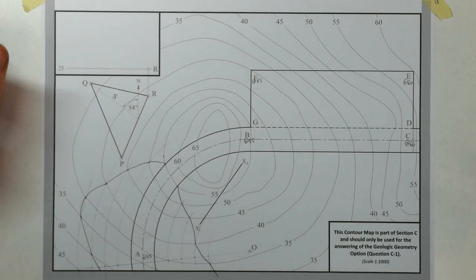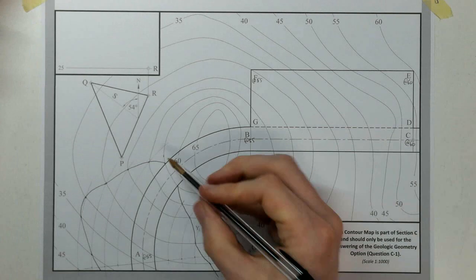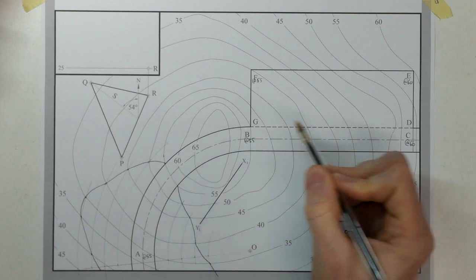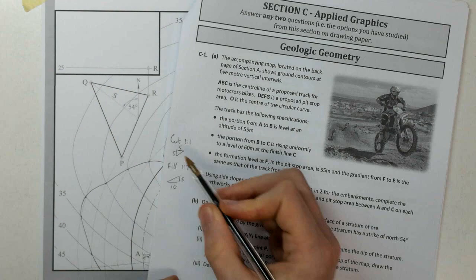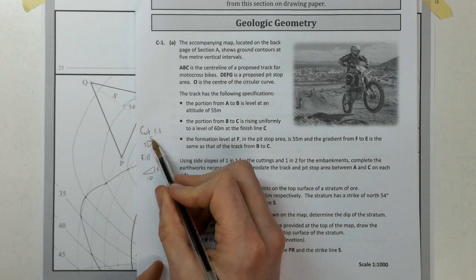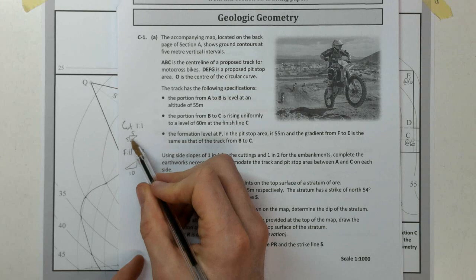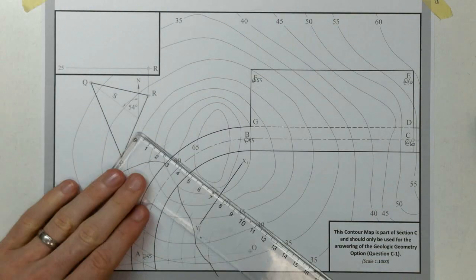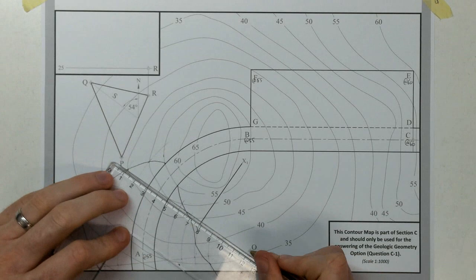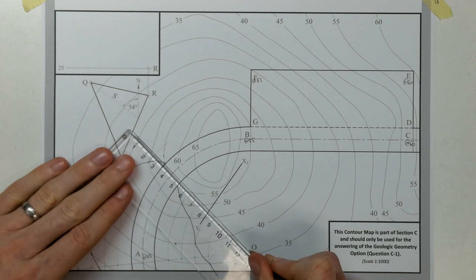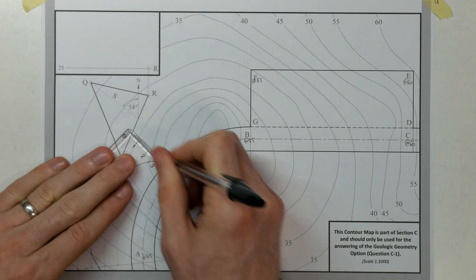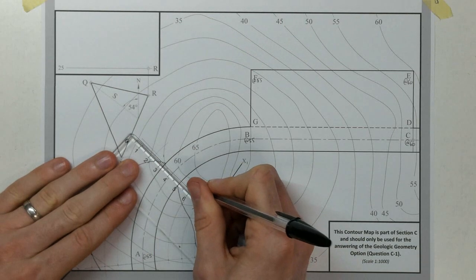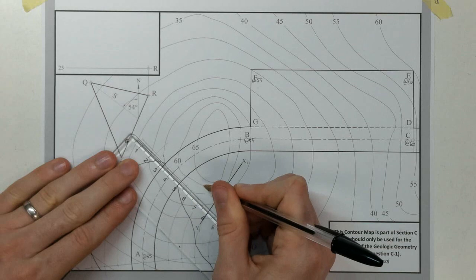Once we get as far as this point, we're into cut because we're going up into 60, 65. Our cut is 1:1, so we're going to be going in 5 intervals. Just draw a line out here so I can mark off my 5 intervals. So we're at 55, 60, 65.